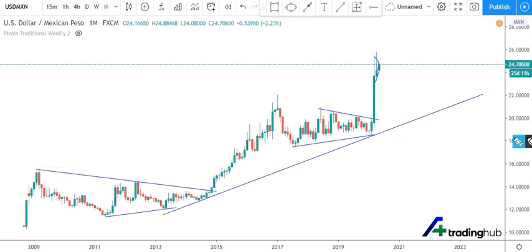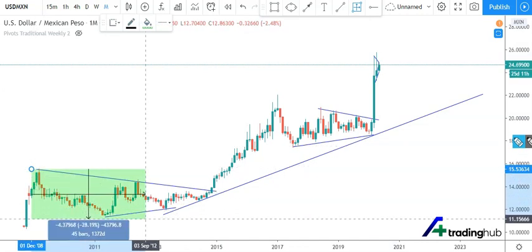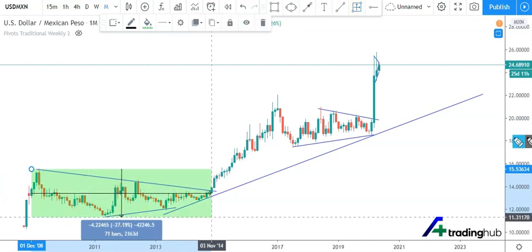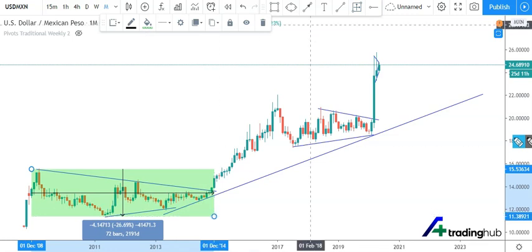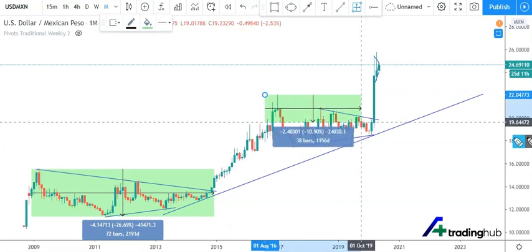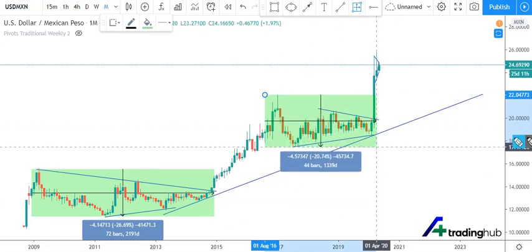So another thing I want us to consider is the number of pips of the correction. The first correction down here, that was it. There's the first correction there. The second one, this whole area here, that is the second correction.